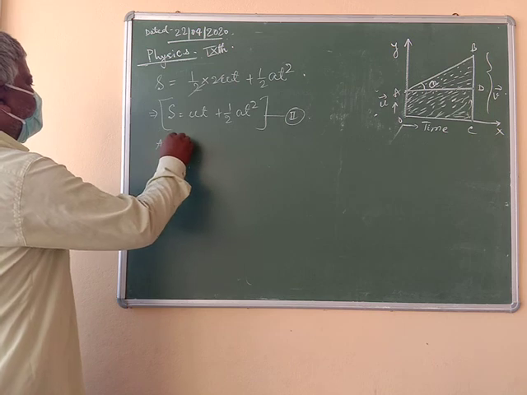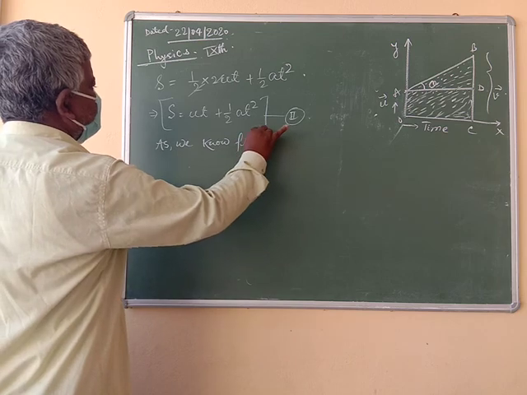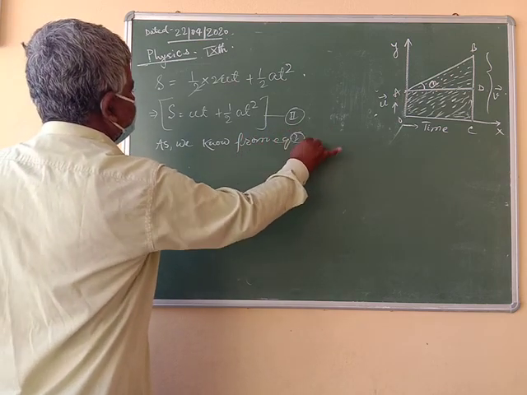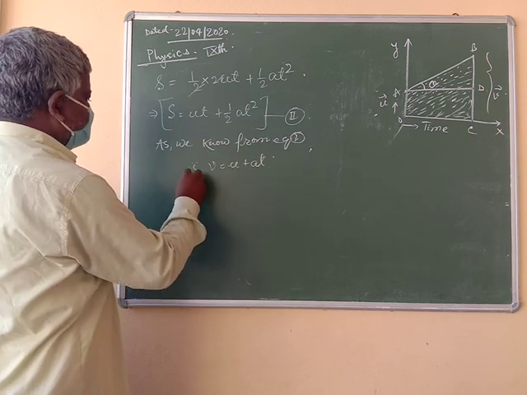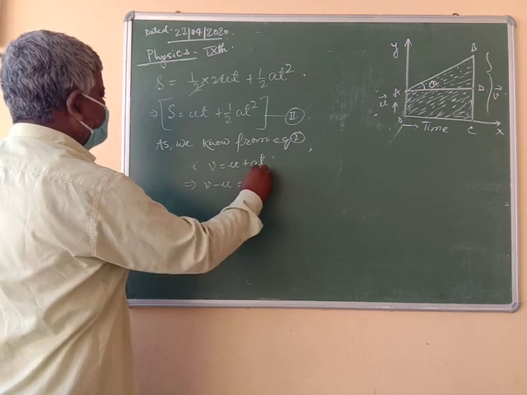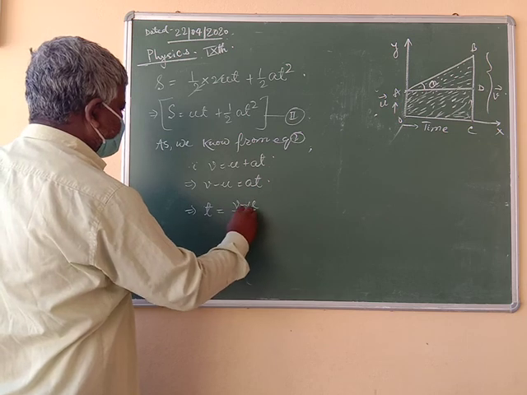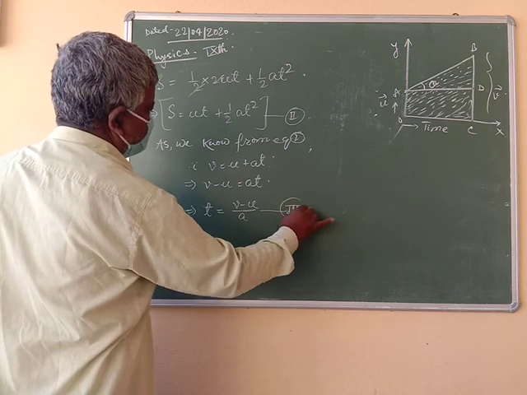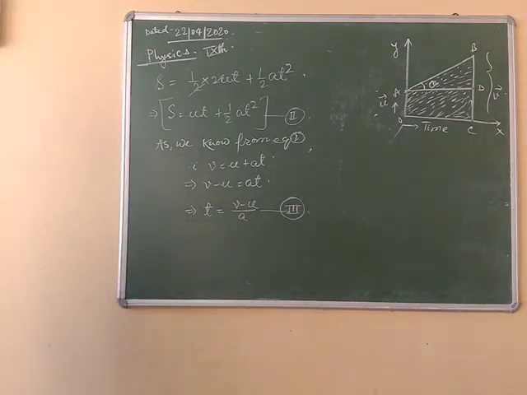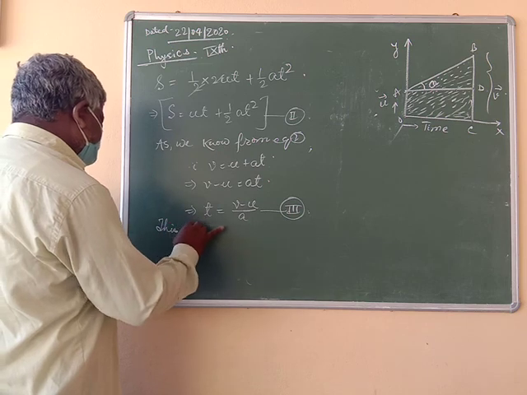As we know from equation first, v is equal to u plus at, that is v minus u is equal to at, or t is equal to v minus u over a. This is equation number 3.